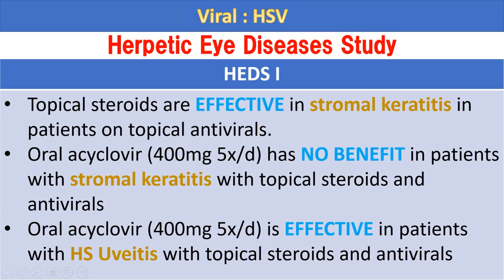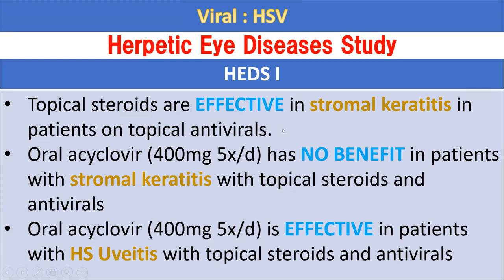According to this study, oral acyclovir has no benefit in patients with stromal keratitis on topical steroids and antiviral. So systemic antiviral for stromal keratitis alone has no benefit according to the study. But we give it because it is usually associated with uveitis, as oral acyclovir is shown to be effective in patients with herpes simplex uveitis with topical steroids and antiviral.